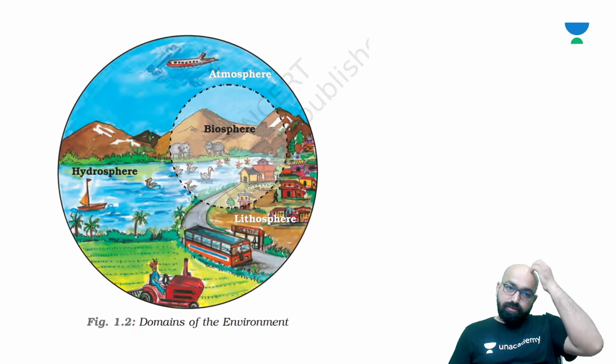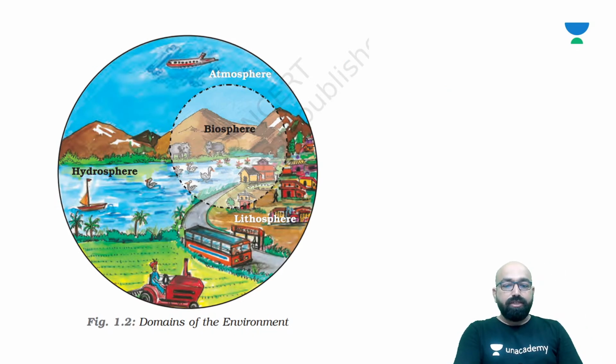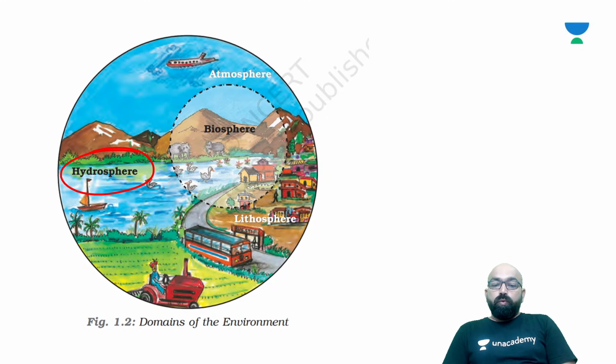So friends, these are the domains of the environment. The domain of water refers to the hydrosphere. It comprises various sources of water and different types of water bodies like rivers, lakes, seas, oceans. So it is essential for all living organisms.